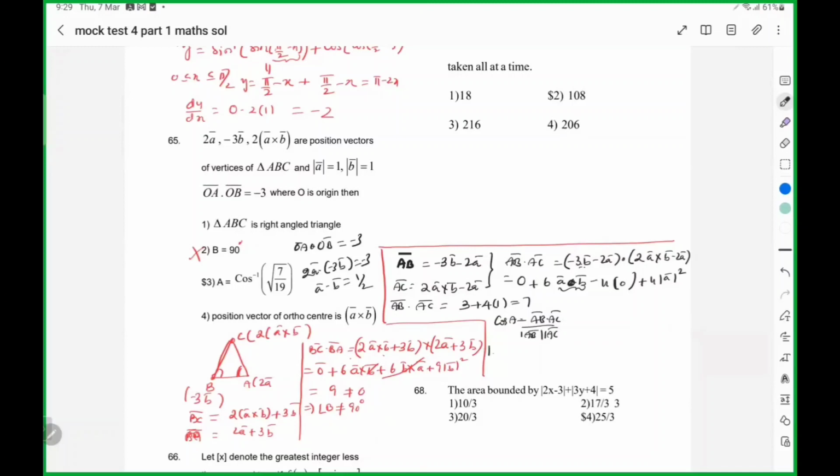So mod AB we have to find. Mod AB will be minus 3B minus 2A. So let us take the square.